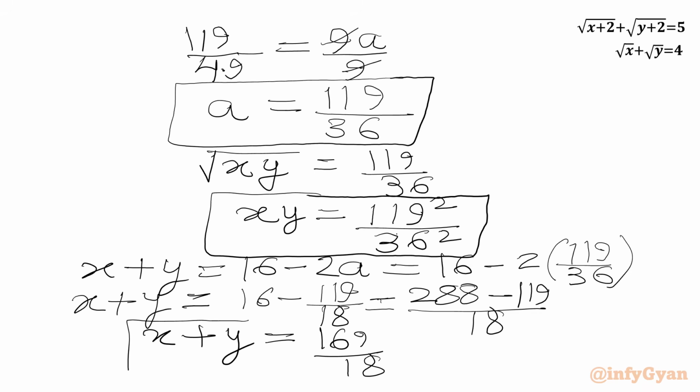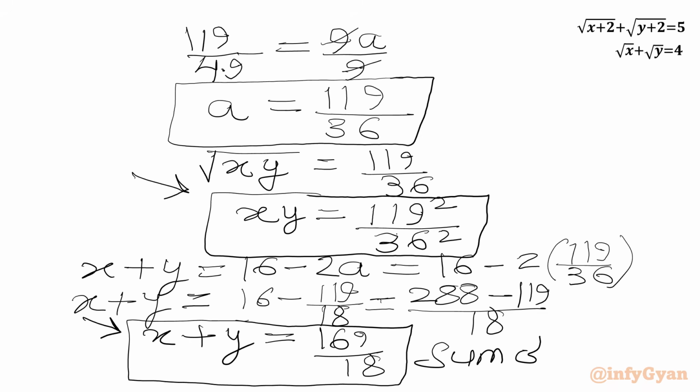Now we have x plus y and we have xy. We can think about one quadratic equation whose roots are x and y. Then here we have the sum of roots and here we have the product of roots.